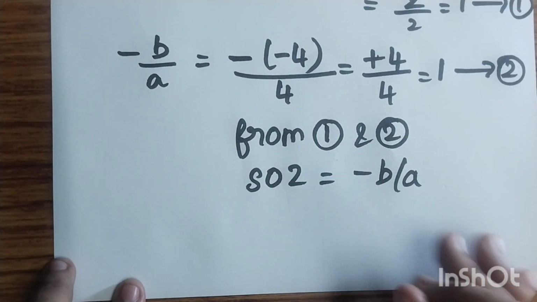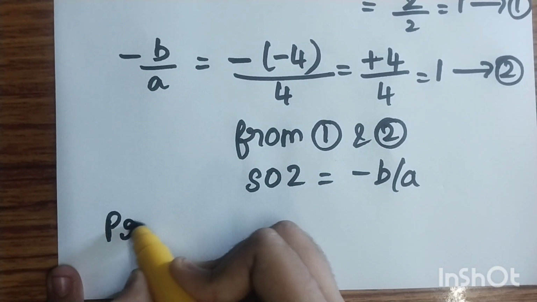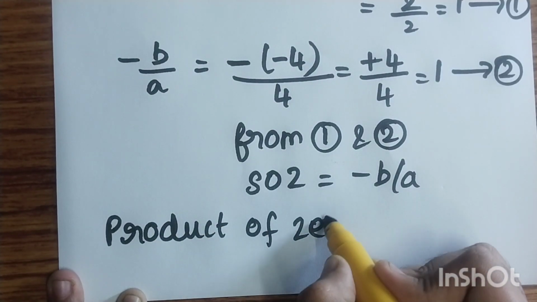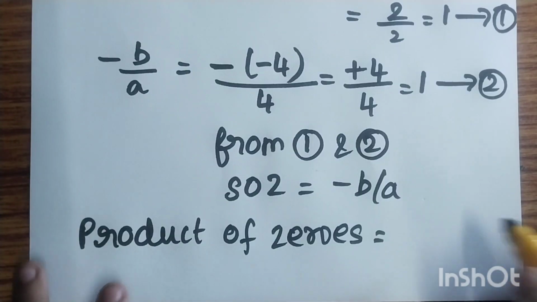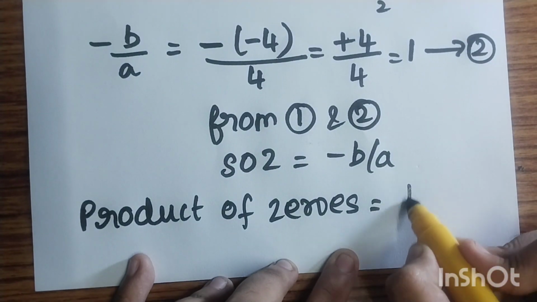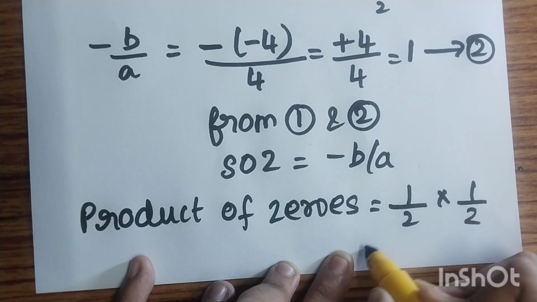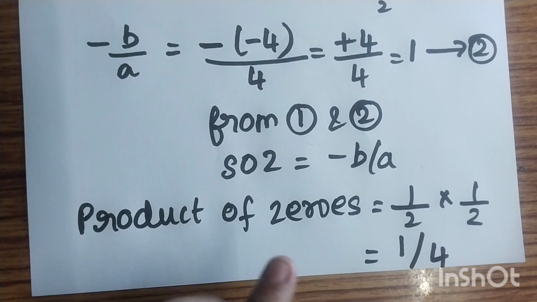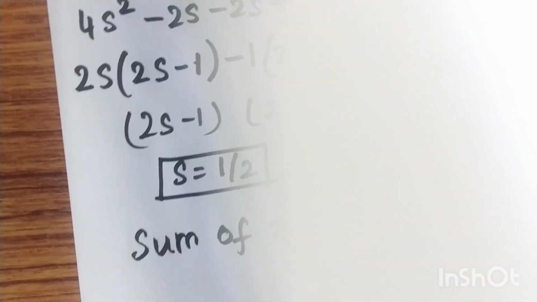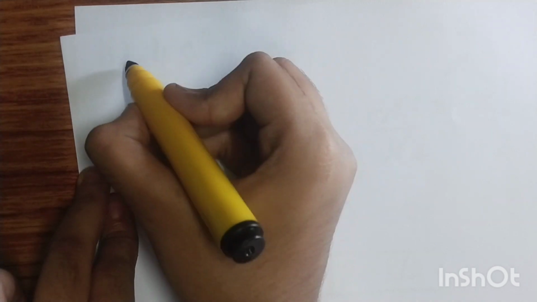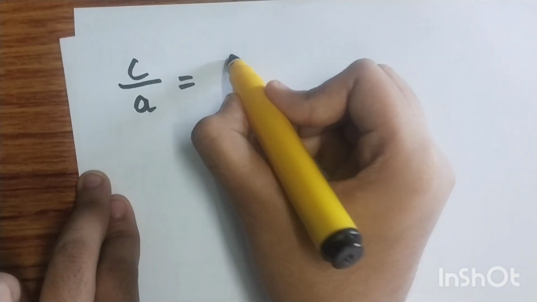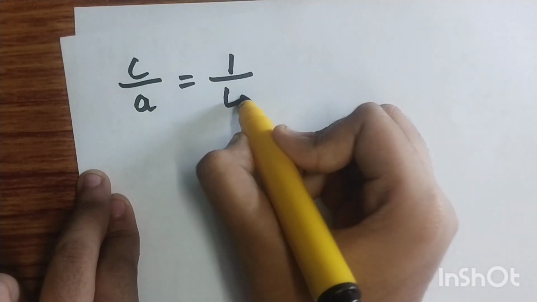Now I am going to find the product of the zeros. Product of zeros. So product of the zeros is nothing but 1 by 2 into 1 by 2 is 1 by 4, right? So now next I have to find c by a value. C by a value. So my c is 1 and my a is 4.